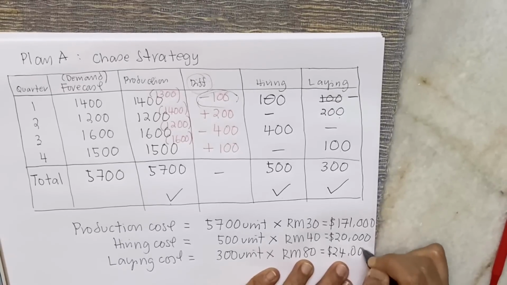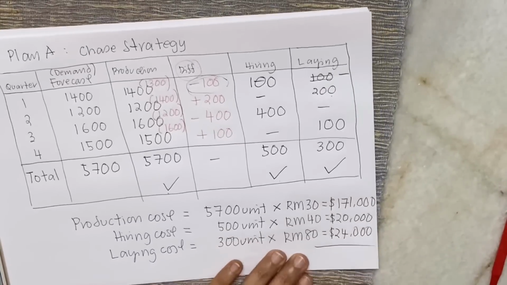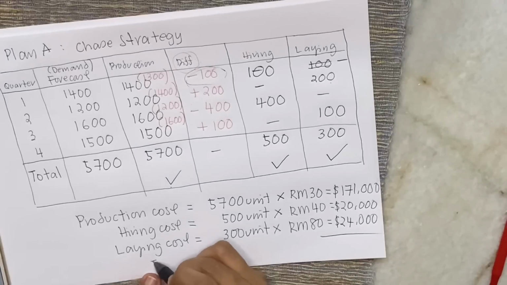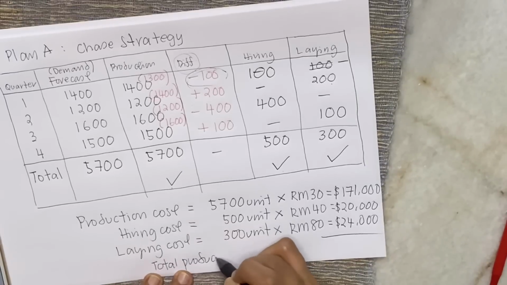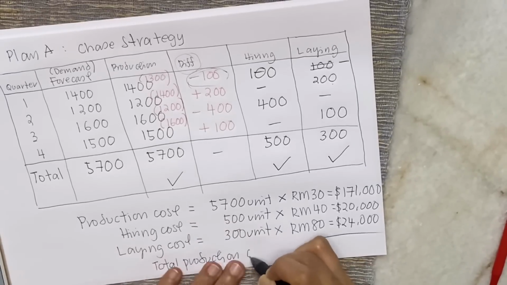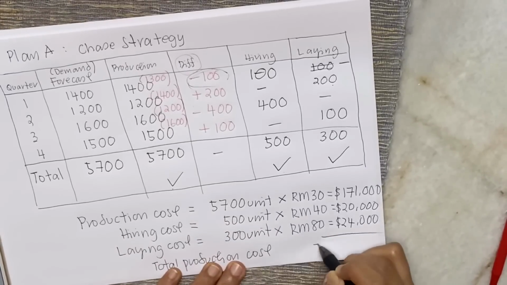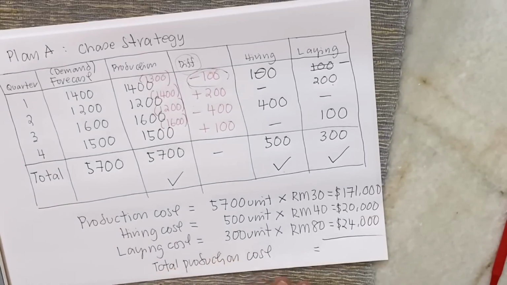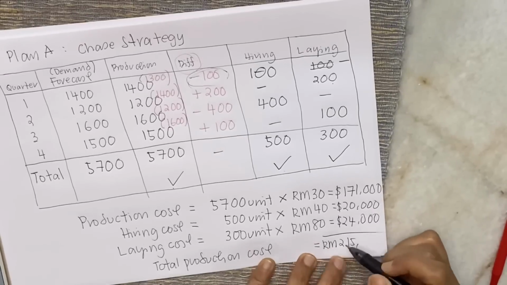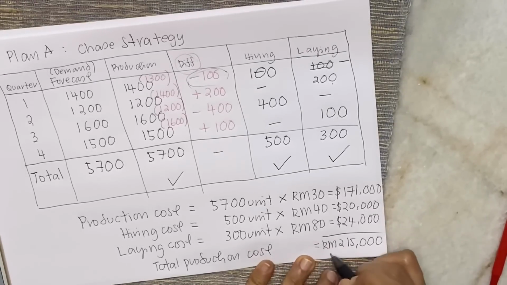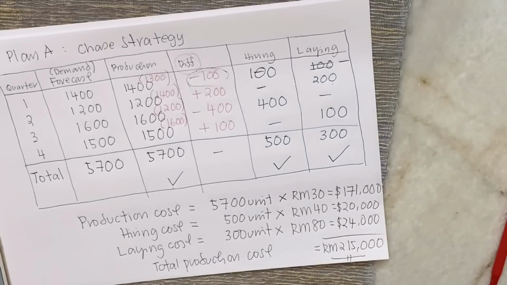Right, 24,000. Therefore, our total production cost is RM 215,000. Okay, this is the total production cost for plan A or chase strategy only.